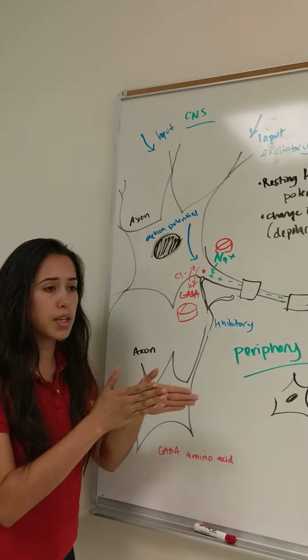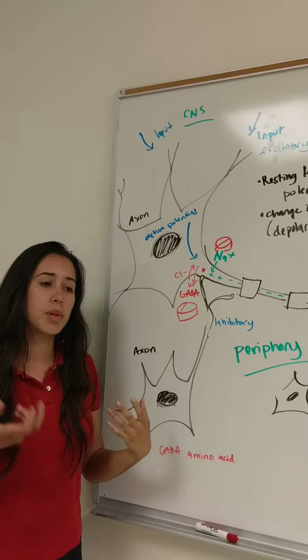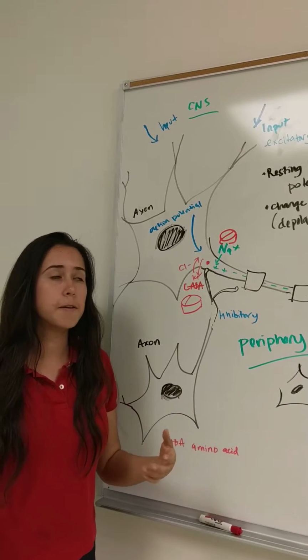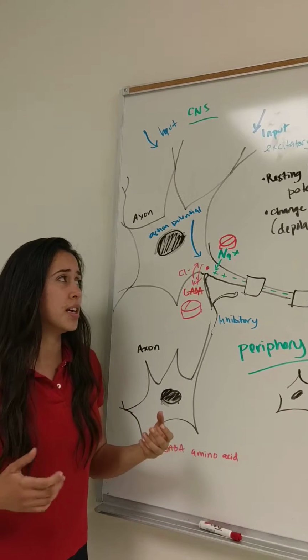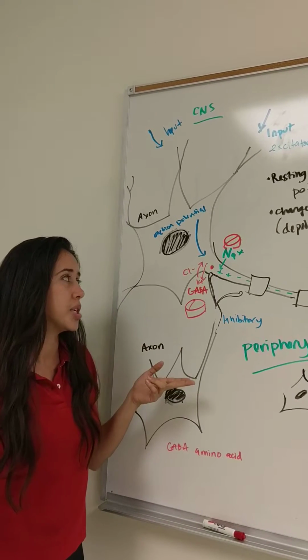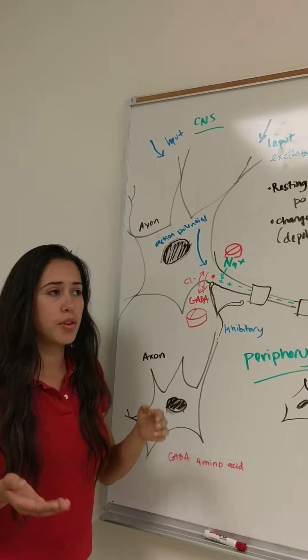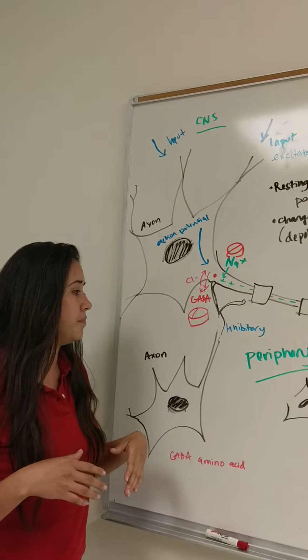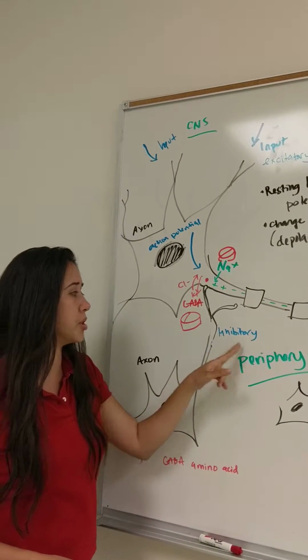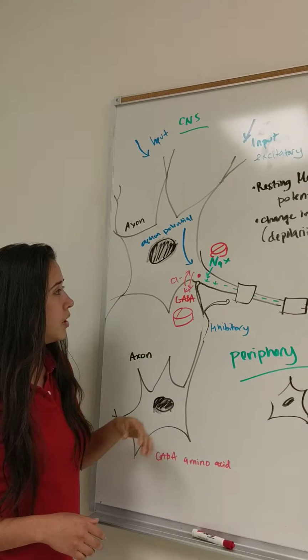So the negative is going in, the positive is coming out, causing the cell to hyperpolarize. What that means is basically becoming very negative. So it's more difficult for the neuron to fire an action potential. It's harder for there to be an influx of sodium. So this is the inhibitory effect of GABA from another neuron.